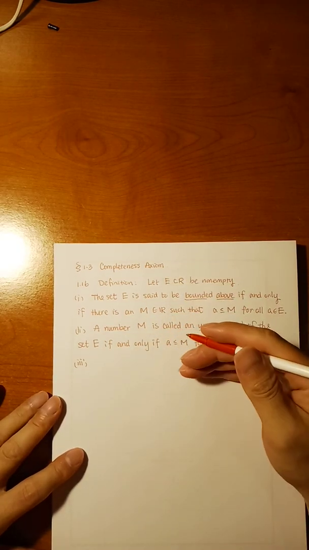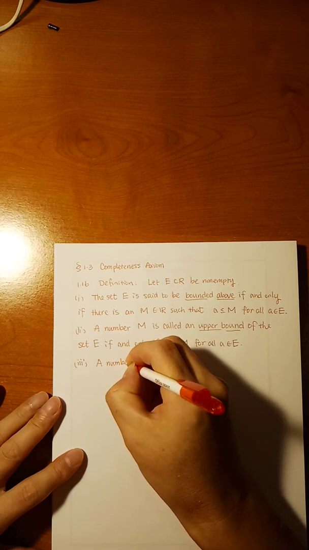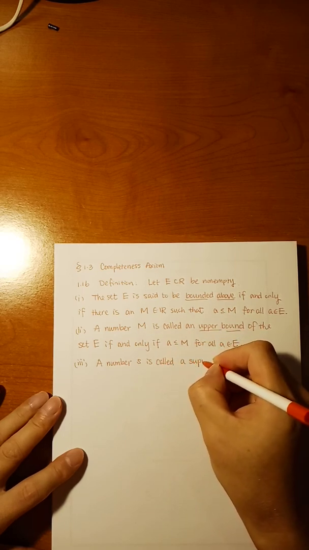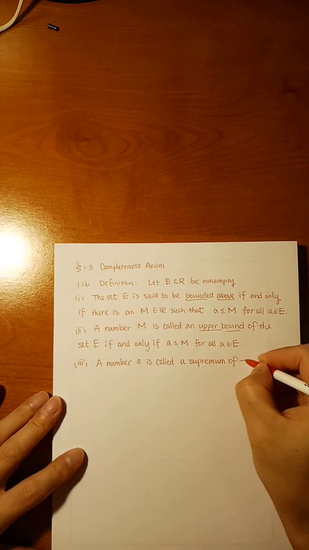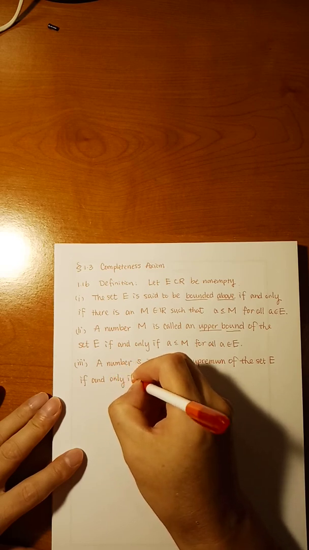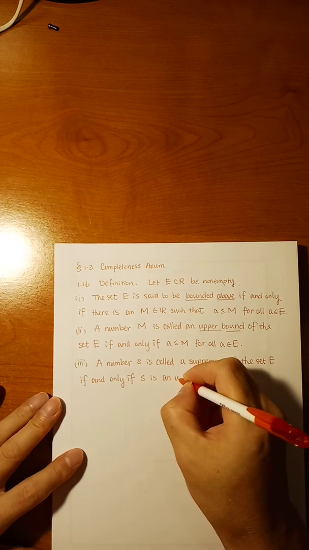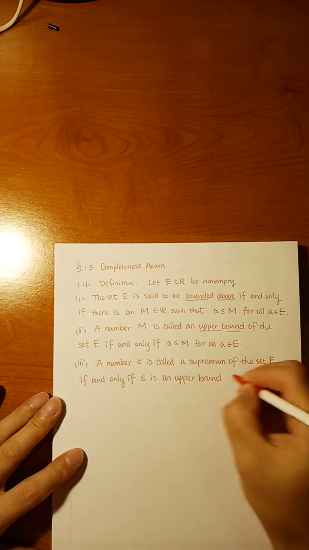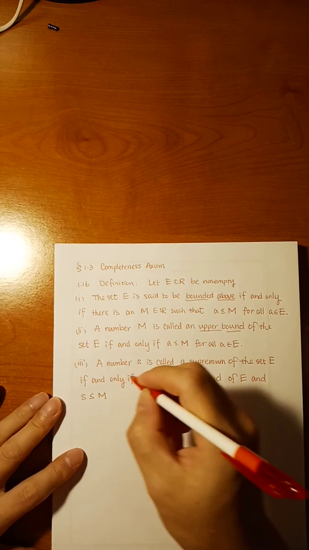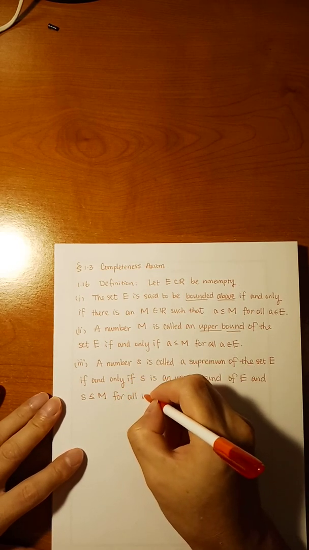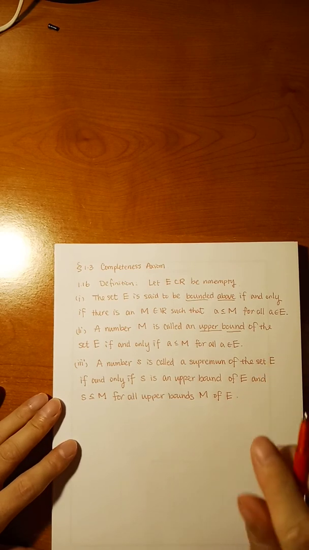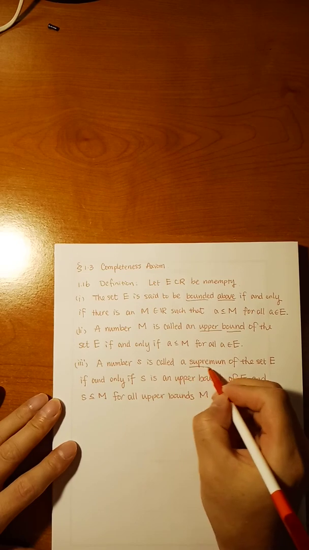And after the bounded above and the upper bound, a number S is called a supremum of the set E if and only if S is an upper bound of E and S is less than or equal to M for all upper bounds M of E. So when you have the minimum, the smallest upper bound is called a supremum.